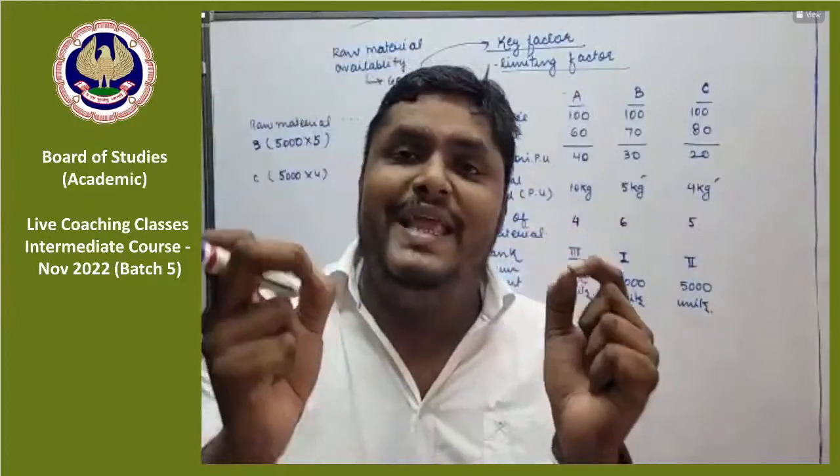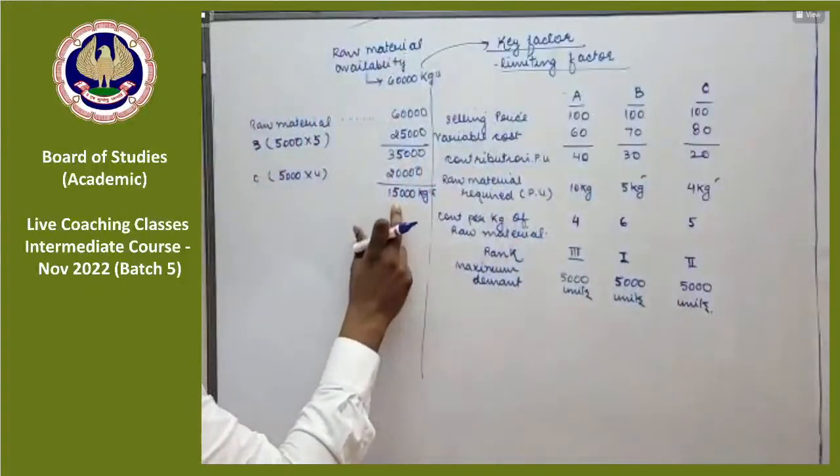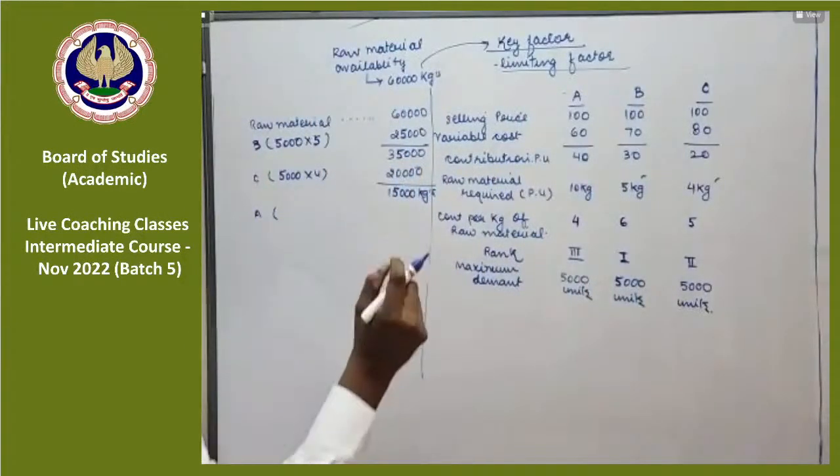Now, product A requires 10 kgs for every unit.